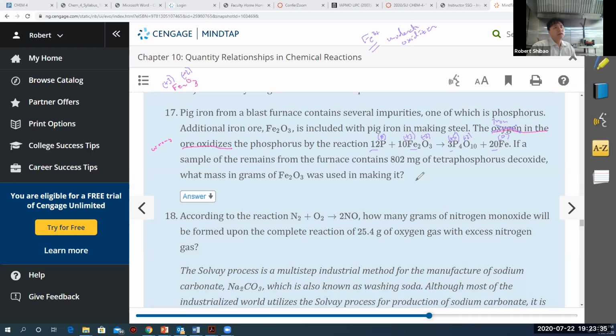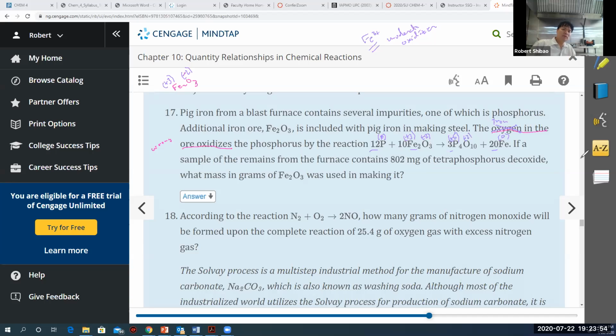And so we're just going to go 802 milligrams of P4O10 to grams, grams to moles, moles of P4O10 to moles of rust, Fe2O3, to grams of rust to milligrams.